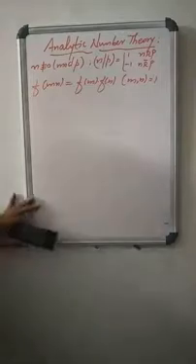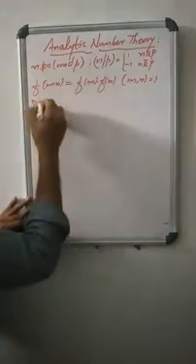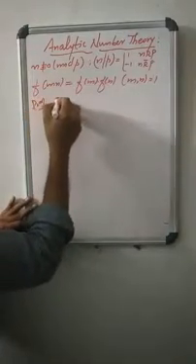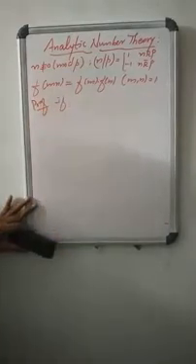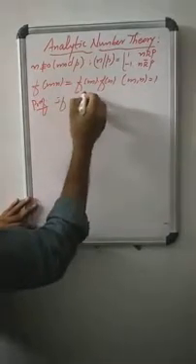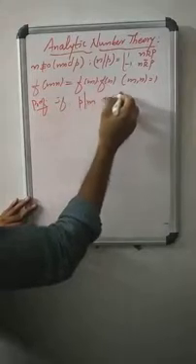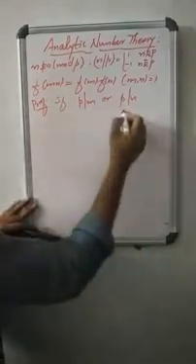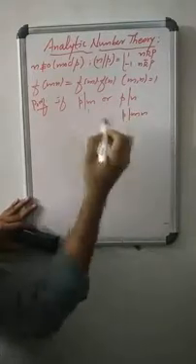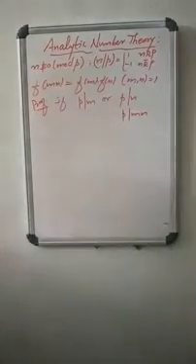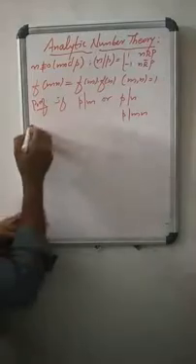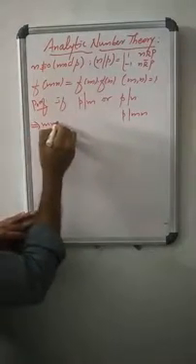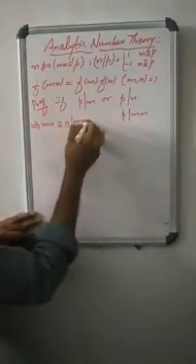So, consider if p divides m or p divides n. When p divides m or p divides n, surely p divides mn. Okay, p divides mn means mn is congruent to 0 mod p.